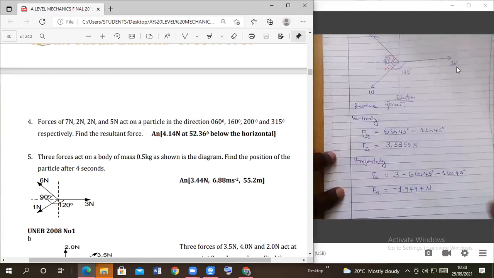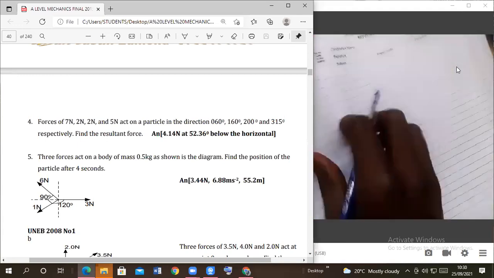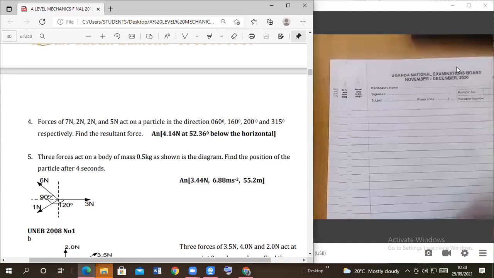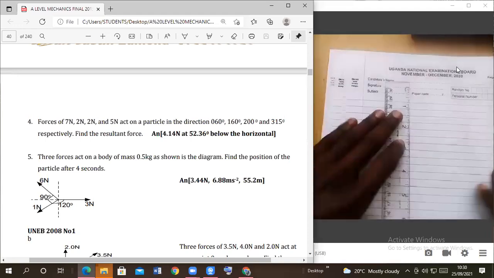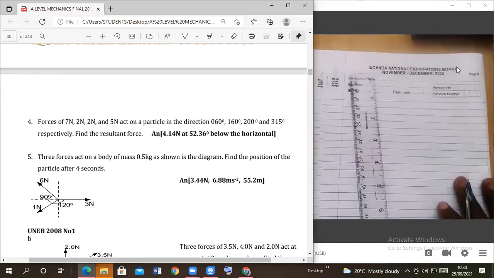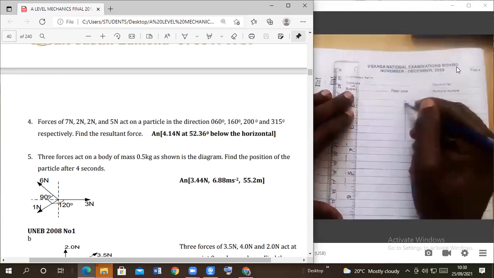Now, let's find the resultant force. Members, X is negative and Y is positive, which means it will be like that.